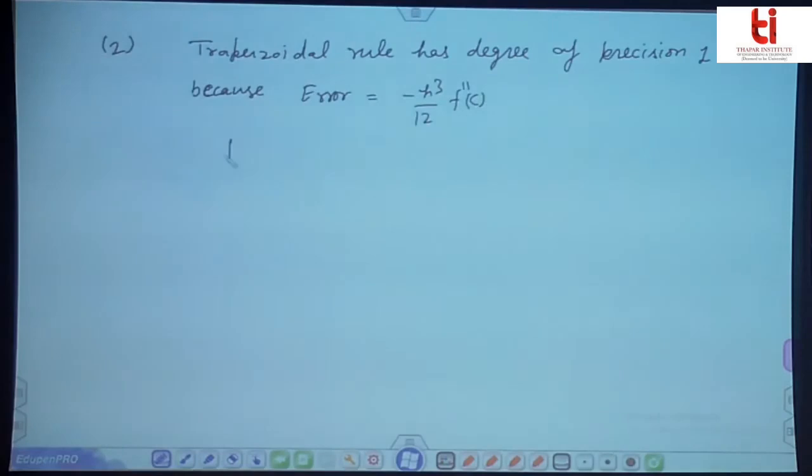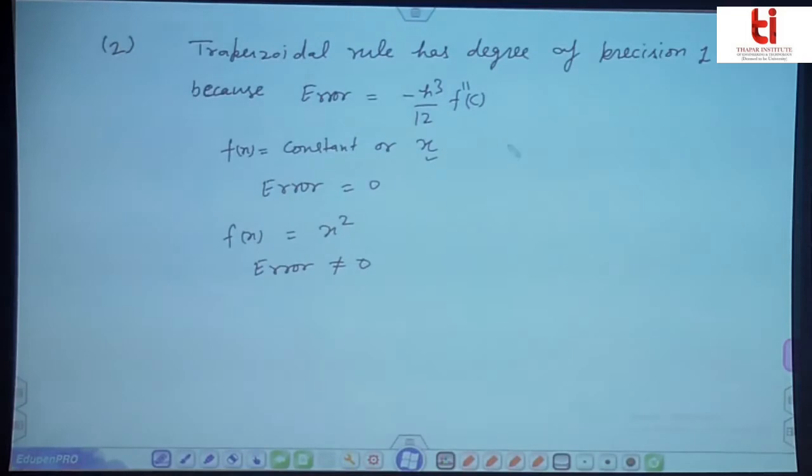See, if we take f(x) as a polynomial, if f(x) is constant or x, then the error will be 0, because the first derivative of a constant is 0, and the second derivative of x is 0. If we take f(x) equal to x square, in that case the error is not equal to 0. So the minimum degree polynomial for which the error is not 0 is n equal to 1.